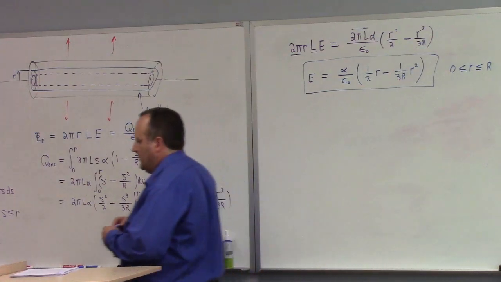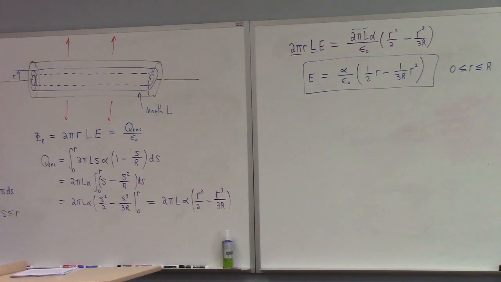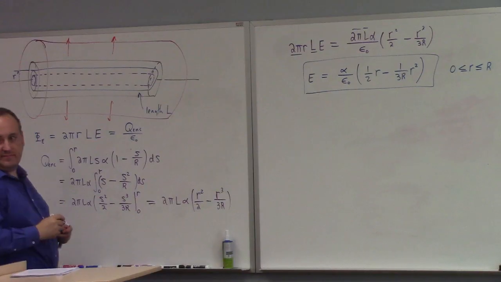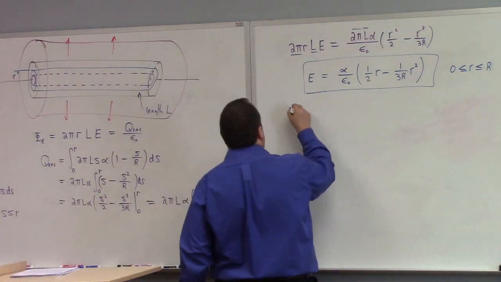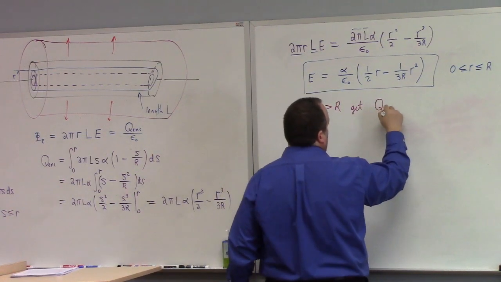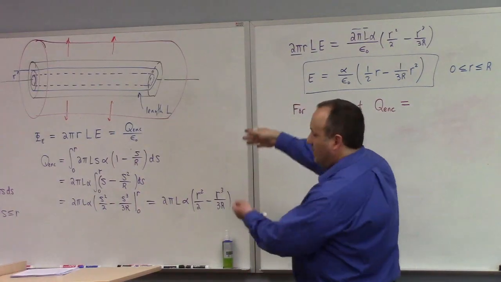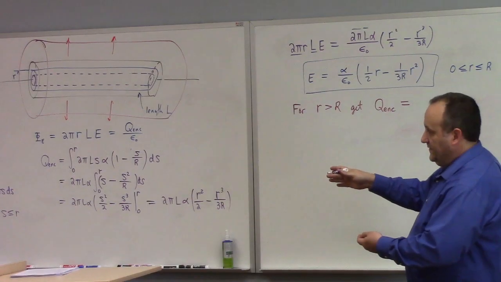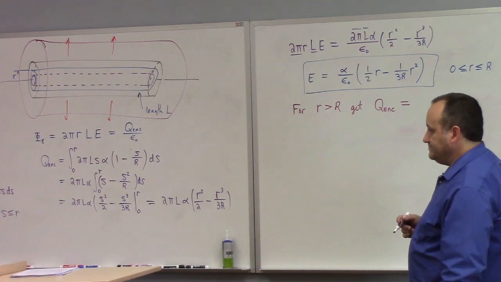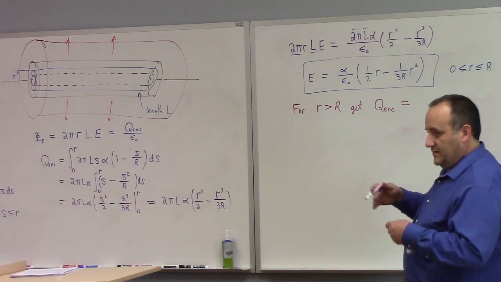Okay, so what's the total charge enclosed in this length? What if we made the Gaussian cylinder bigger, right? What if we did it out here, the other case like that? Then what would charge enclosed be? It's the same calculation, right? But the integration goes from 0 up to what? Yeah, 0 to big R, right?